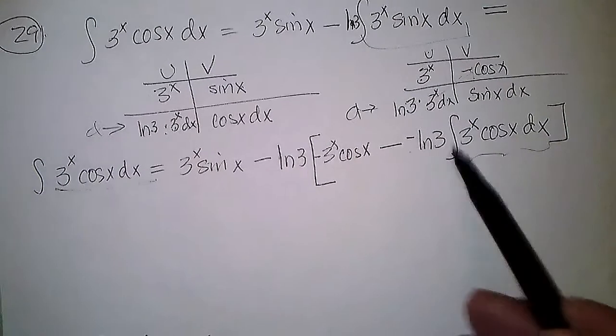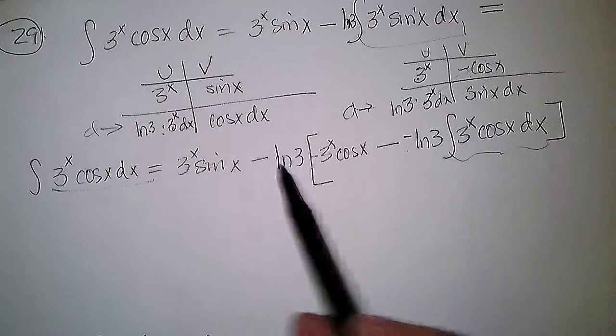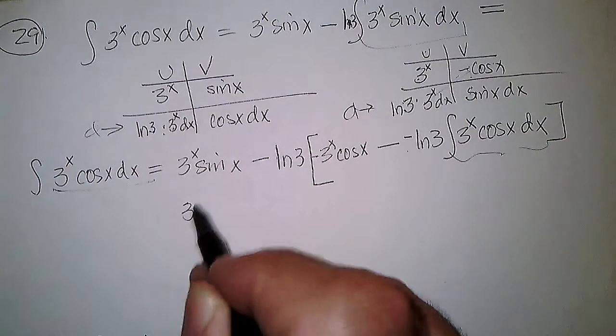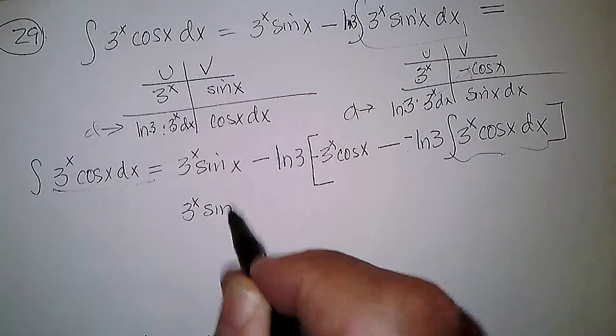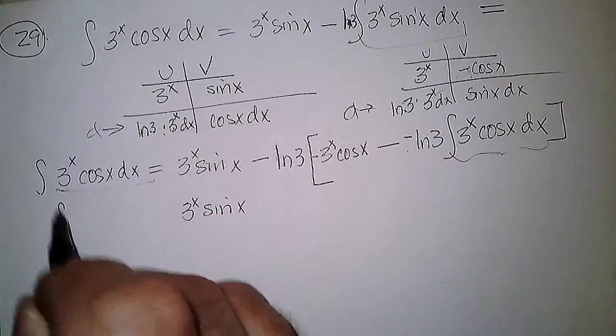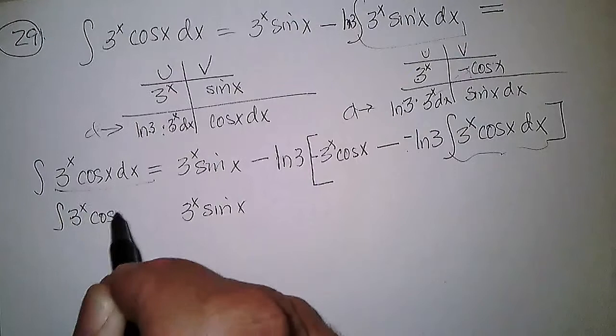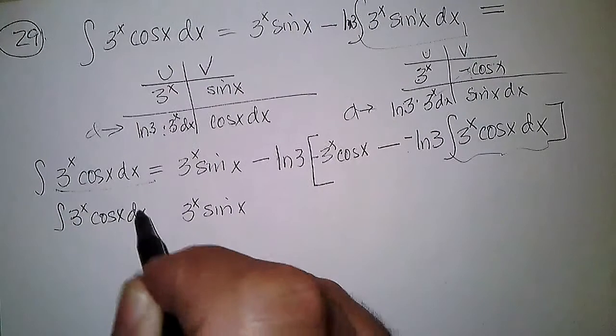So I just got to find out how many we got here by doing the distributions. So I get 3 to the x sine x. This is all equal to the integral of 3 to the x cosine x dx.